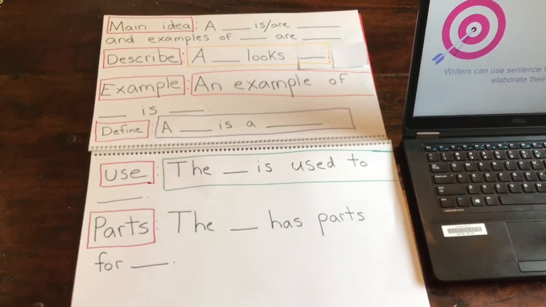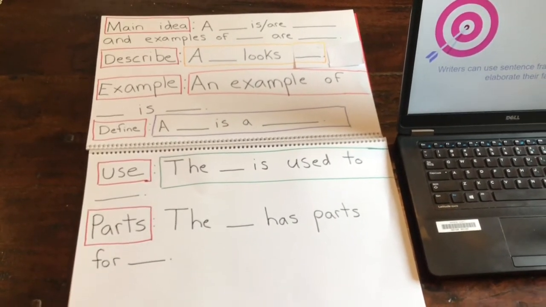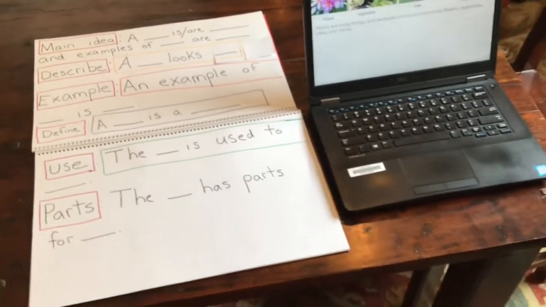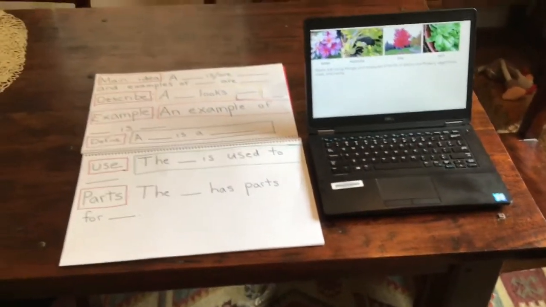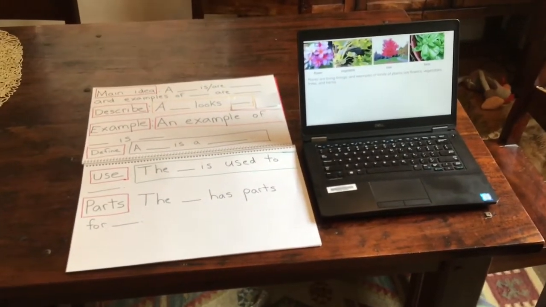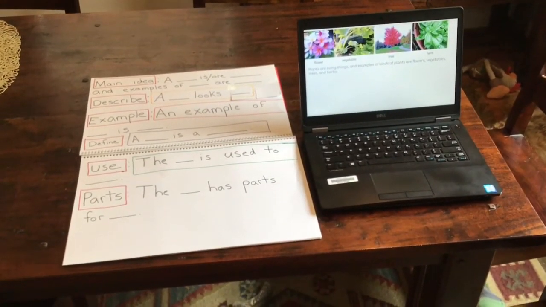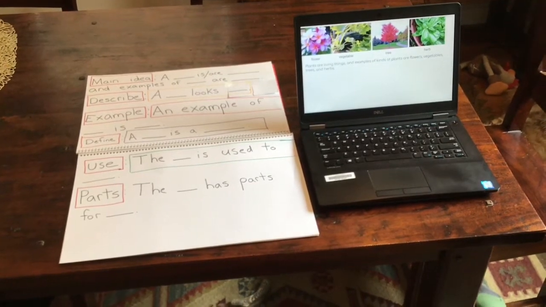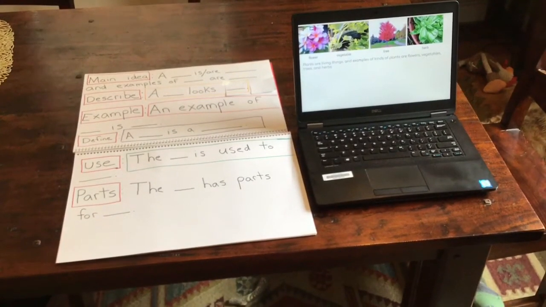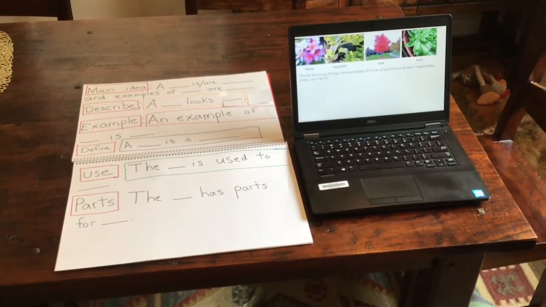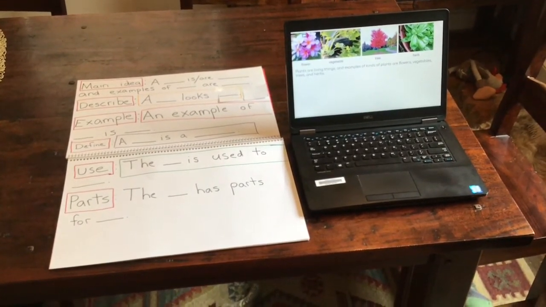All right, as you're writing your facts, some of these will be better choices than others. So I did a little writing to show you how I think about it. I'm continuing with the book about gardening that the third grade teachers have been working on. And you can see at the top of my slide, I put some examples of types of plants. So we have flower, vegetable, tree, and herb.